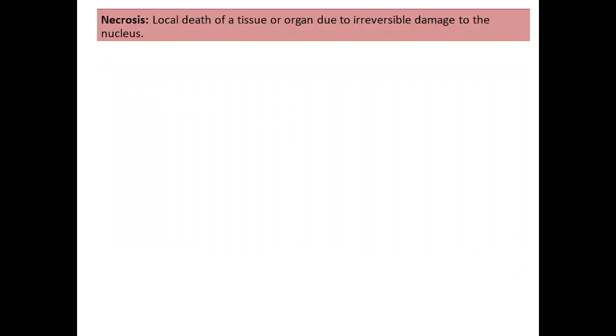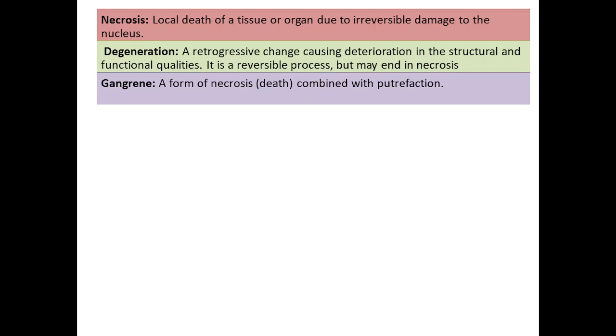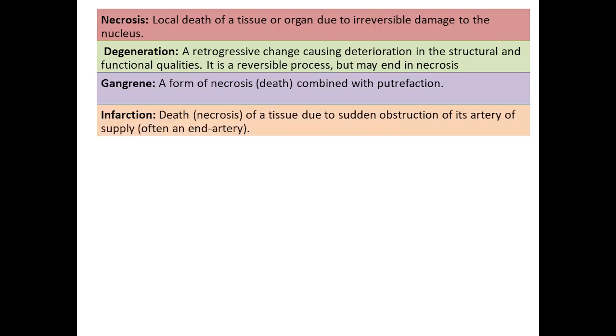Then necrosis is local death of a tissue or organ due to irreversible damage to the nucleus. Then degeneration is a retrogressive change causing deterioration in structure and functional qualities. It is a reversible process but may end in necrosis. Then gangrene is a form of necrosis combined with putrefaction. Infarction is death of a tissue due to sudden obstruction of its artery and its supply.